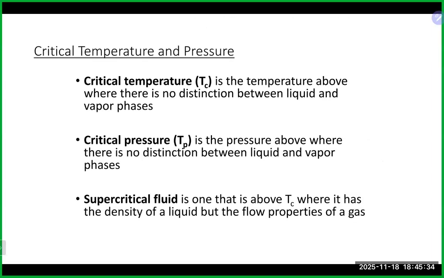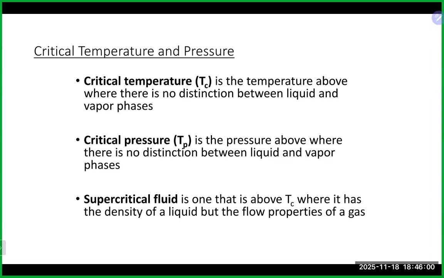A couple other things that we will see on the phase diagram, we have what is known as critical temperature, and that is found at the critical point. That's the temperature above which there's really no distinction between the liquid and the gas phases. They kind of blend into each other at that point. There's also a pressure associated with that as well.